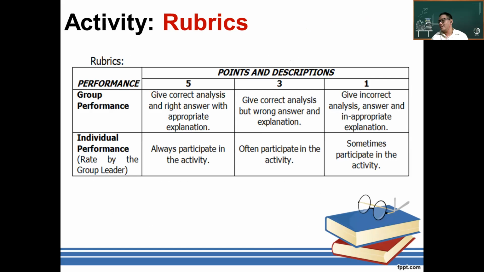It is always graded. For our rubrics, I will give you 5 points if you give me the correct analysis and the right answer with appropriate explanation, 3 points if you give correct analysis but wrong answers and explanation, and 1 point if you have incorrect analysis, answers, and inappropriate explanation.